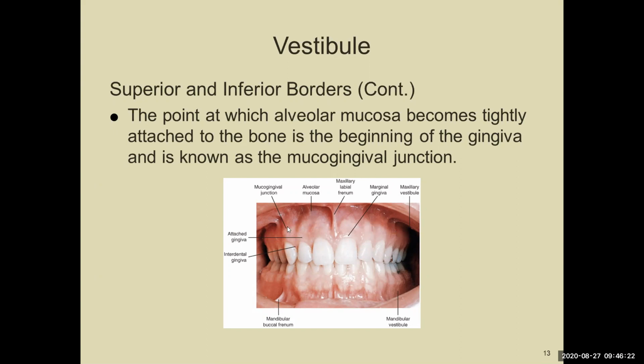Everything from here to here is firmly bound. You can see it better down here. And this is what you'll be measuring when you're doing your periodontal assessment. You're taking your periodontal probe, which is a measuring instrument, and you're measuring to see how wide that zone of attachment is.